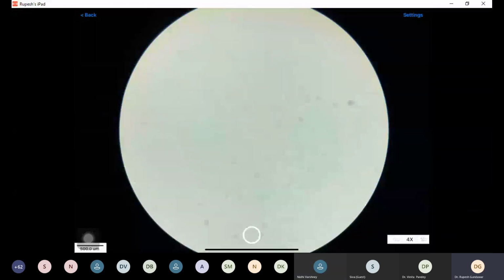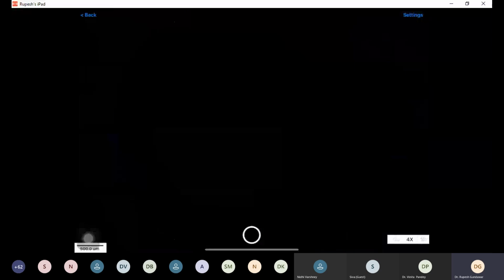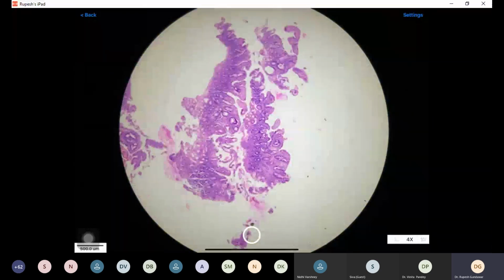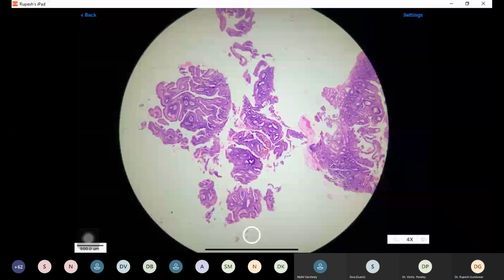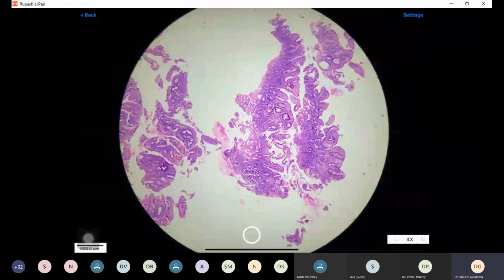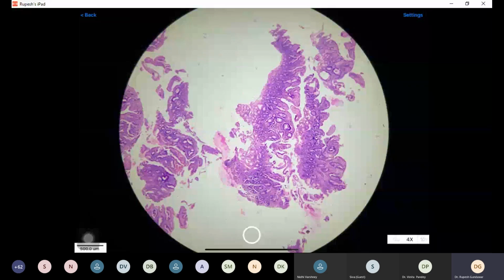Now I just want to show one more case, to make you all sure how you will evaluate whether malabsorption is present or not. Now see here, again the variability of the villus abnormality or villus atrophy.